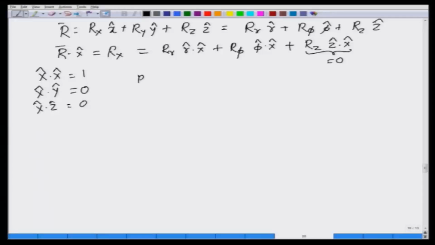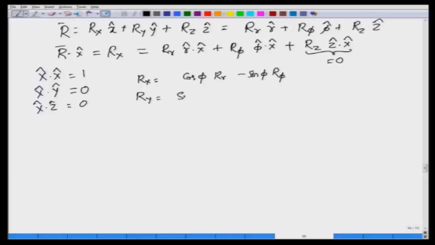So, rx will be equal to, what is r hat dot x hat? This is nothing but cos phi. So, I have cos phi rr, and what about phi hat dot x hat? In the previous slide we have already seen that this is equal to minus sin phi. So, therefore, this is minus sin phi multiplied by r phi. What will be ry? You can show similarly by considering the dot product of r with y hat.